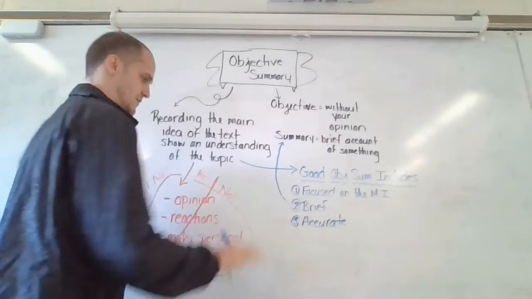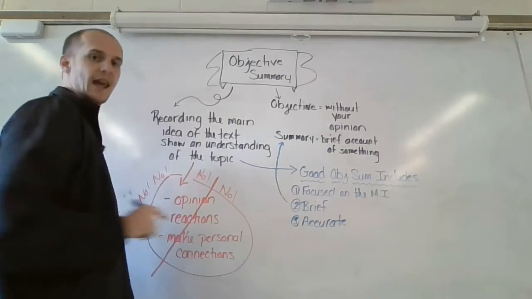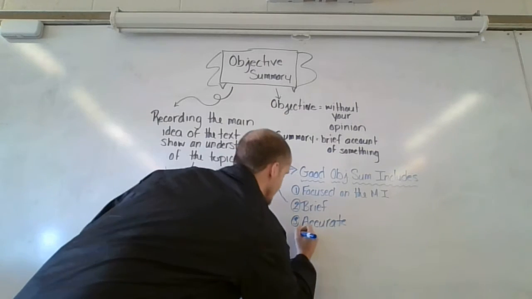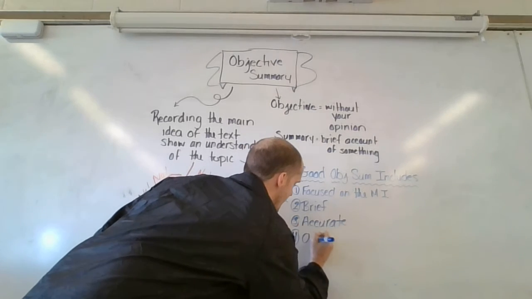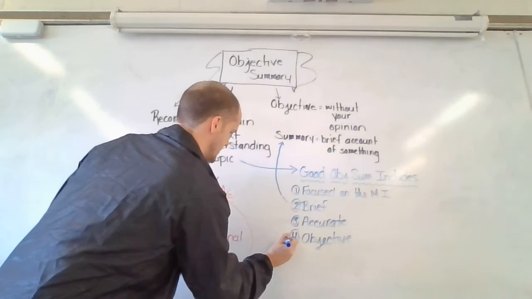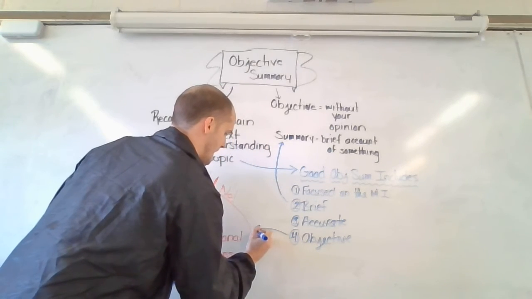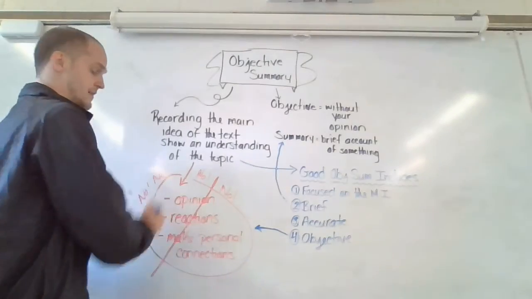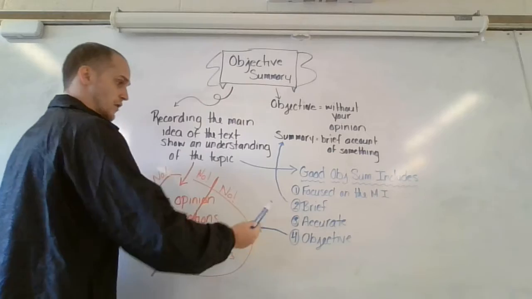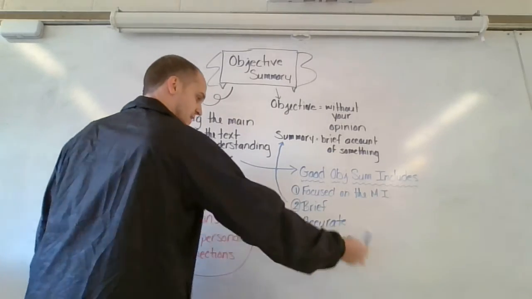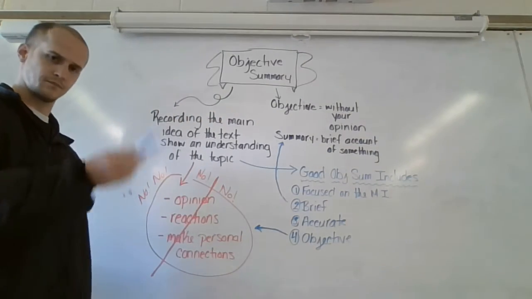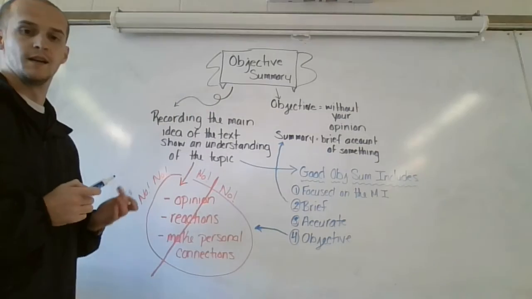If you don't read the text, you cannot provide an accurate account of what's going on. And then number four, that it is objective. And that goes back to these things over here. It doesn't have any of this. So to write a good objective summary, you have to be brief, you have to be objective, you have to be accurate, and you have to focus on what the main idea of the text or article is.